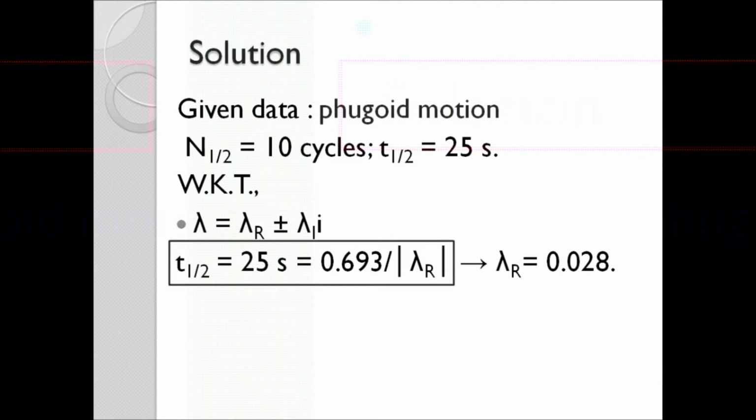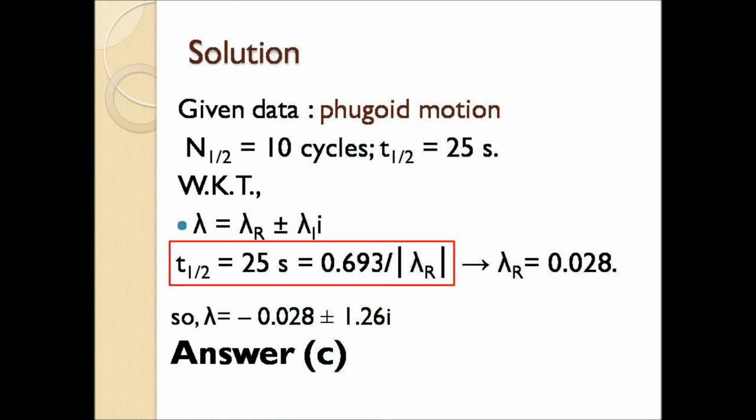Recall this formula, that is t half equals 0.693 divided by modulus of lambda r. We know that t half is 25 seconds, so from there we can retrieve the value of lambda r. As per the given options, C can be the right option.